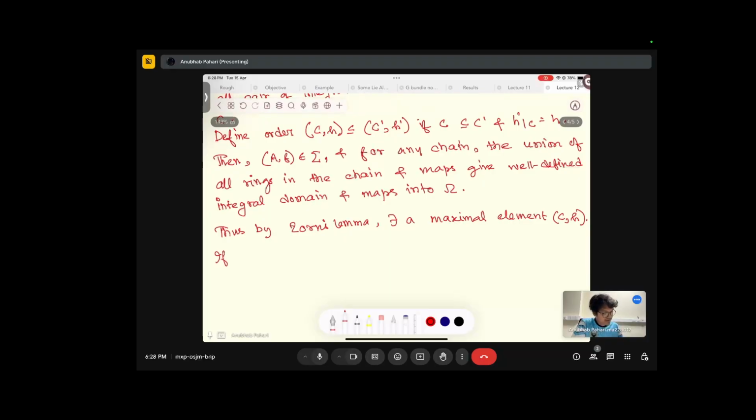If C doesn't equal B, then there exists small b from B complement of C.